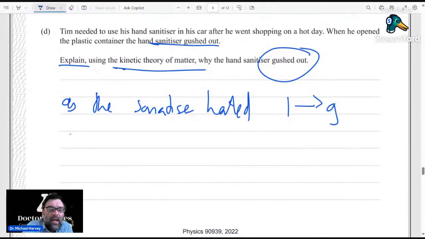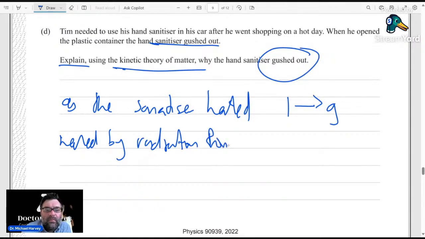Yep. And it's heated by radiation from the sun. Okay, so radiation from the sun heated it up. Yep, so heated liquid to gas.